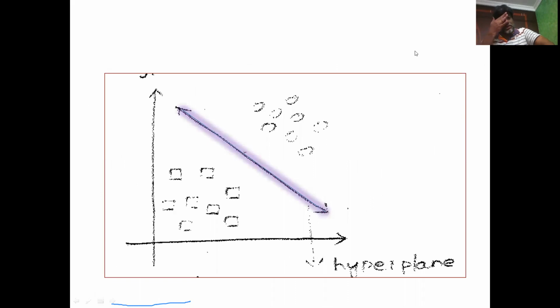Right, so look at this example. Suppose we have two classes of input patterns. Imagine that circles represent the positive class and the squares represent the negative class. If you can identify a line that satisfies the equation wx + b = 0 like this, then we can call it a hyperplane.